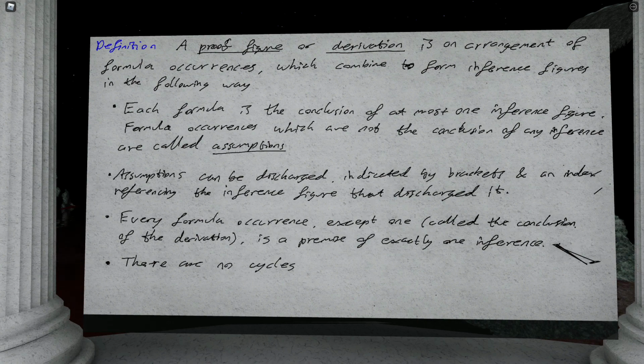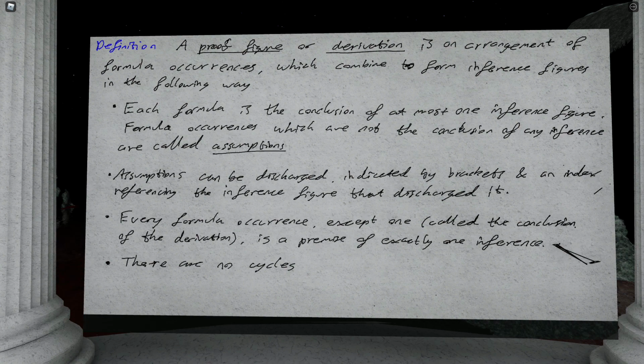You might want to omit certain rules, and so then you could define a valid proof figure in that particular proof system as one where all of the inference figures are instances of the deduction rules that you are considering at that point in time. So that's the ugly general definition of inference figures and proof figures.